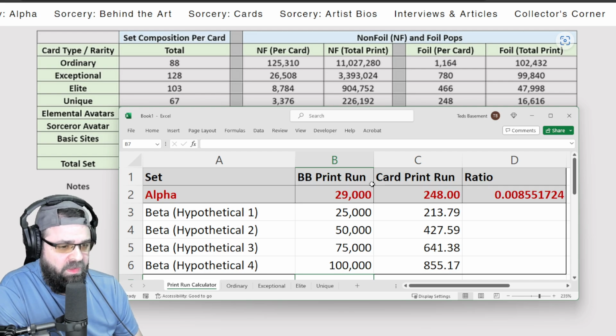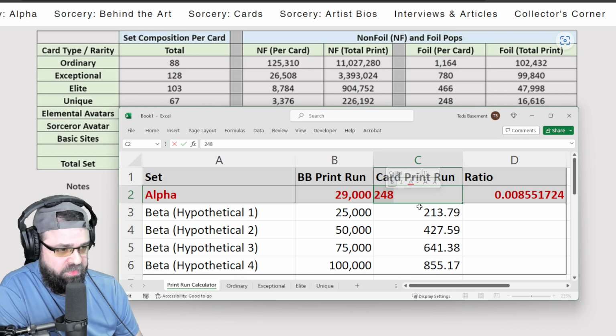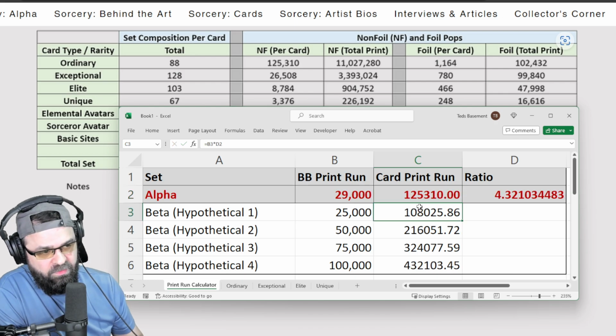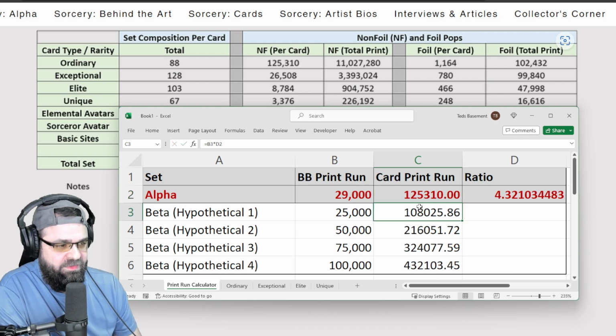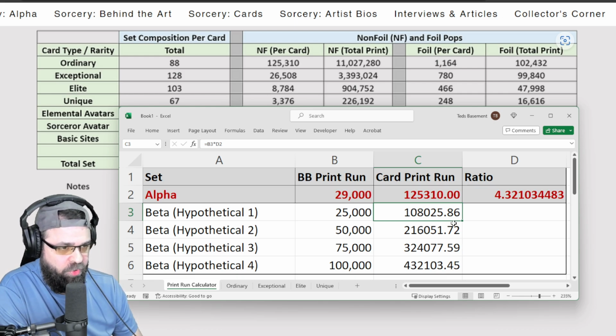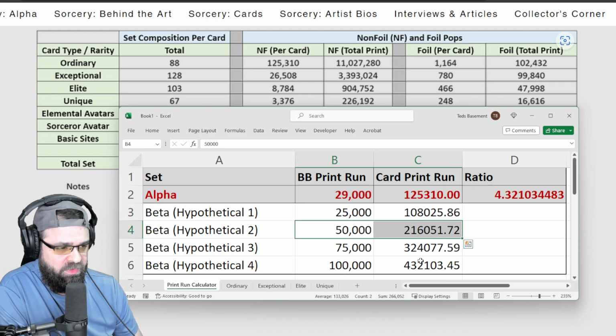So let's take our non-foil per card number for, let's go with ordinary. This is super, super common. We've got 125,310 ordinary non-foil cards per card. So at a 50,000 booster box print run, you're looking at 200,000 of every copy.